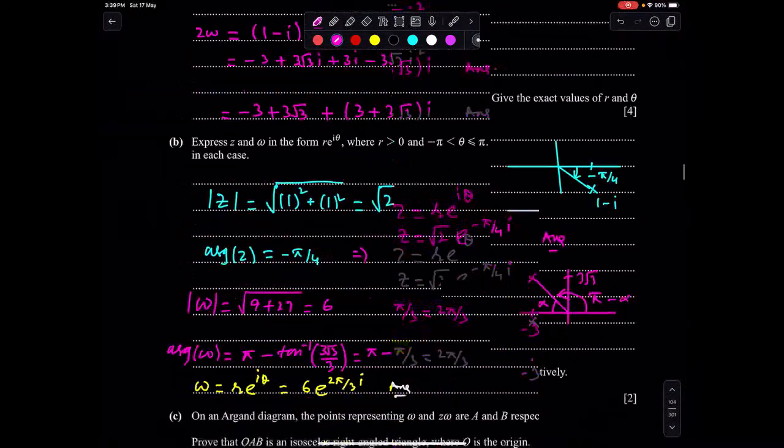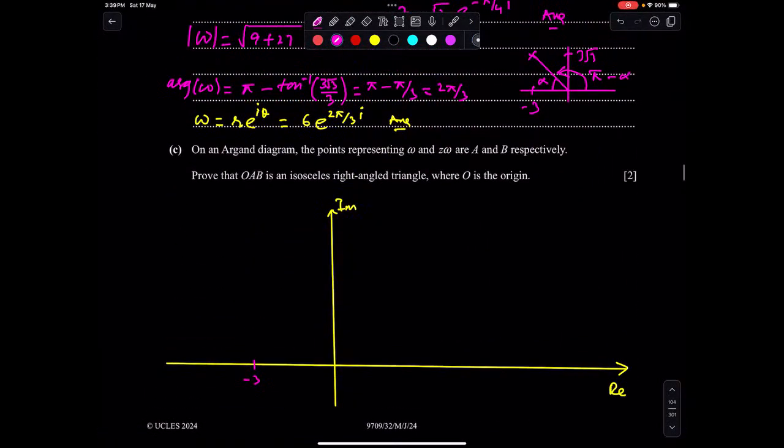Omega is minus 3 plus 3 root 3i. So this is omega.